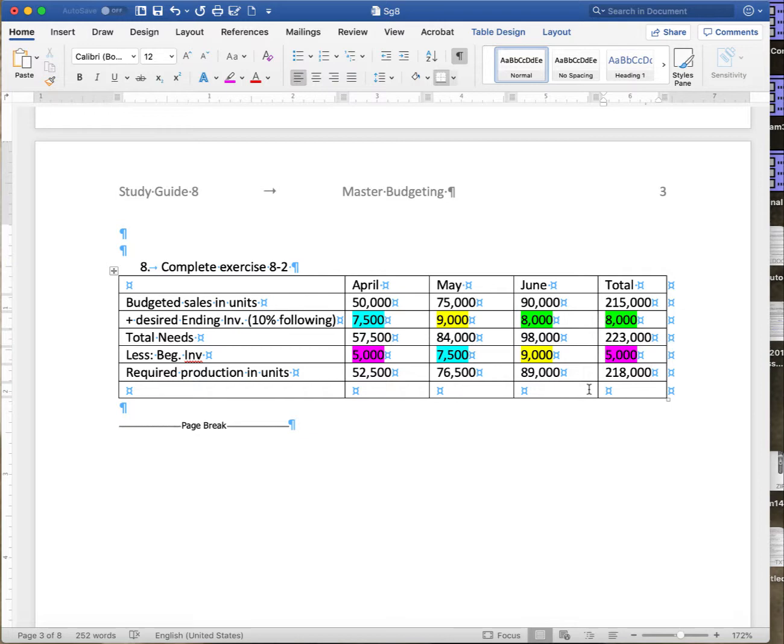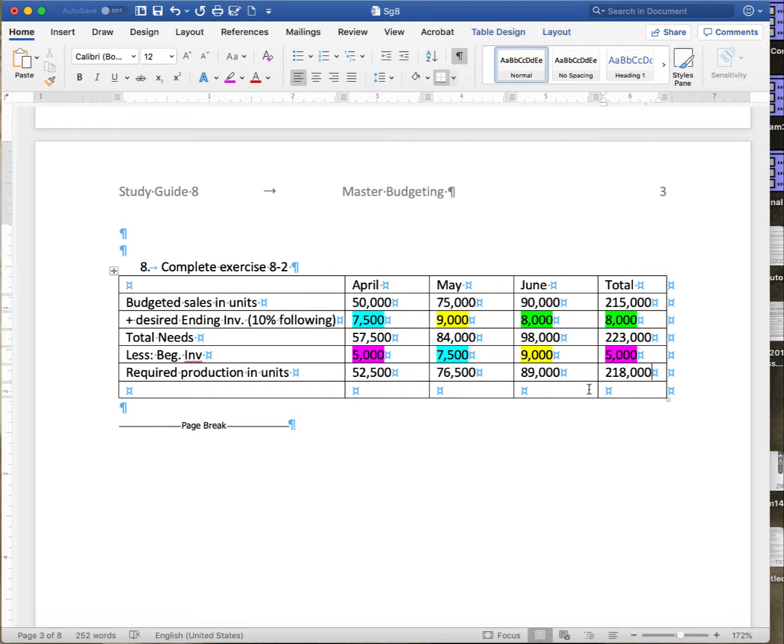Keep in mind that desired ending inventory and less beginning inventory carry over from one month to the next, meaning one month's ending is the next month's beginning. When I get to the end, I can add up all my rows with the exception of the desired ending inventory and the beginning inventory.